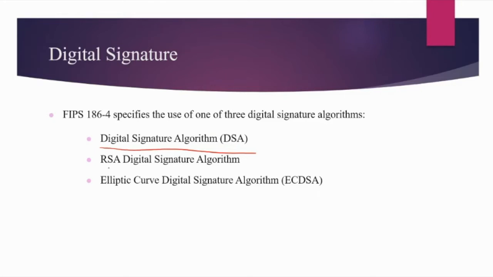And then we have a variation of RSA, called the RSA digital signature algorithm. And then we have digital signatures based on elliptic curves. If you have noticed, we are not using symmetric encryption anymore.